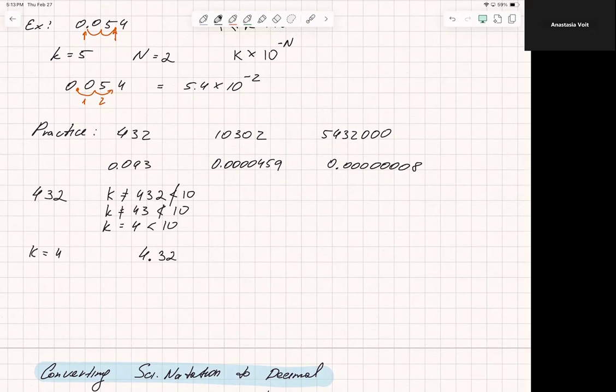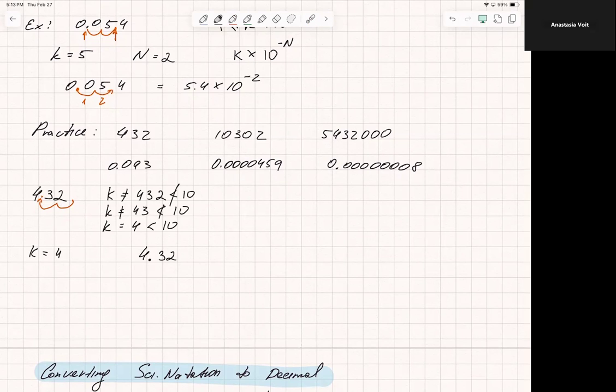So we need to have 4.32. But now we see that the decimal point originally was here at the end, because we have a whole number, but we want it to be here. So how many decimal places do we need to move our decimal point from the back up to this position right after 4? We need to move it 2 times. So from here, 1, 2. So we want it to be here.